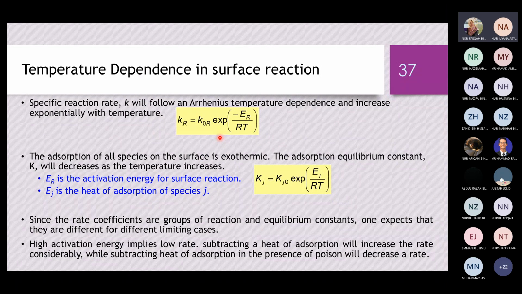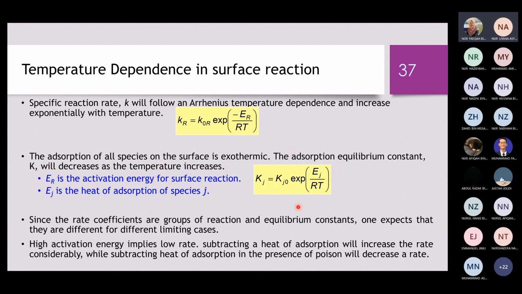Okay, if you learned in Reaction Engineering 1, the rate constant increases with the temperature. Okay, but for the equilibrium constant, it's different. The adsorption of all species on the surface is exothermic. The adsorption equilibrium constant will decrease as the temperature increases.